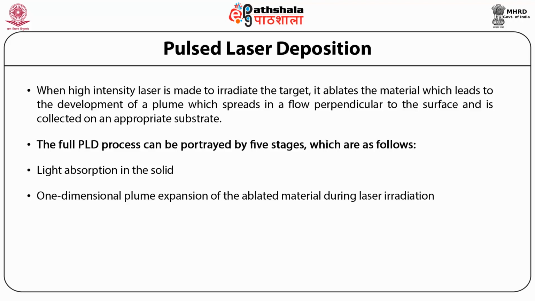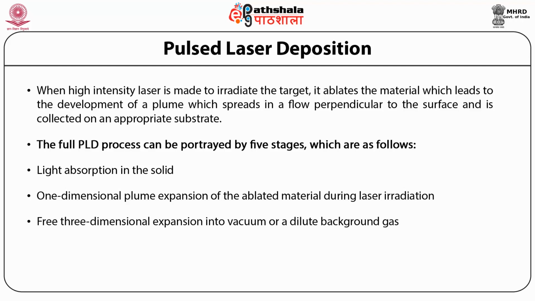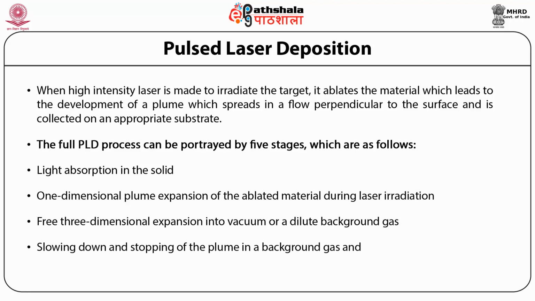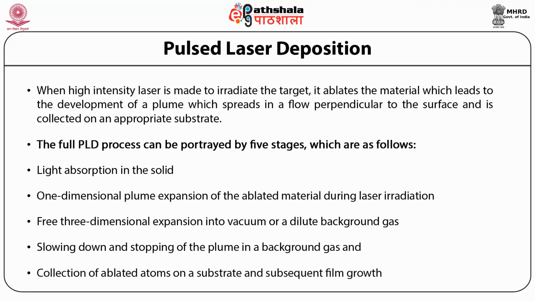Number 3, free three-dimensional expansion into vacuum or a dilute background gas. Number 4, slowing down and stopping of the plume in a background gas. And lastly, the collection of ablated atoms on a substrate and subsequent film growth.